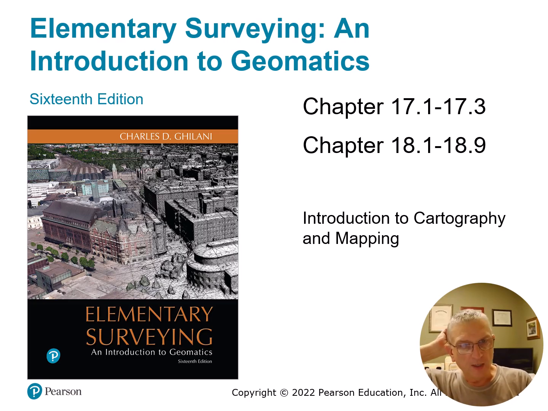So in putting this lecture together, we're going to go back and hit chapter 17, the first 3 sections, because we're at the confluence of surveys and mapping. This is my suggestion to the author to have the sections maybe redone.